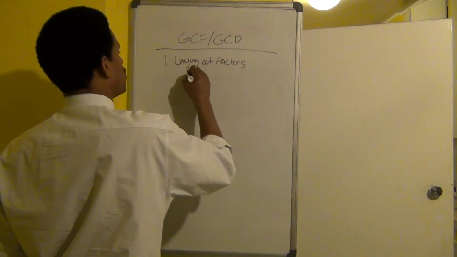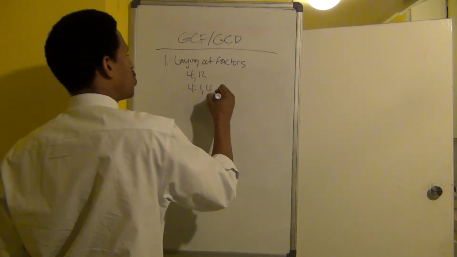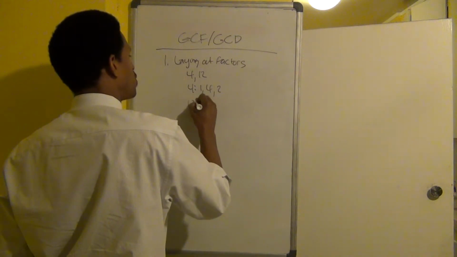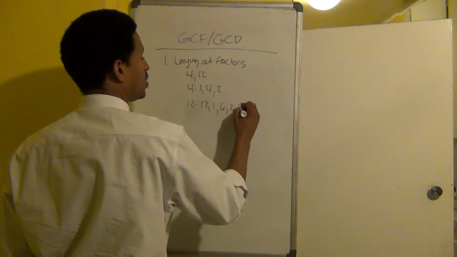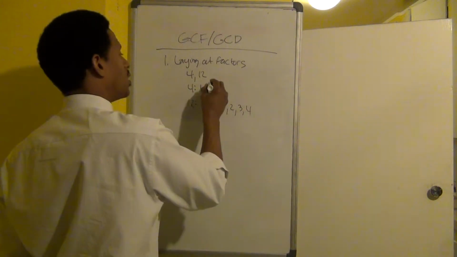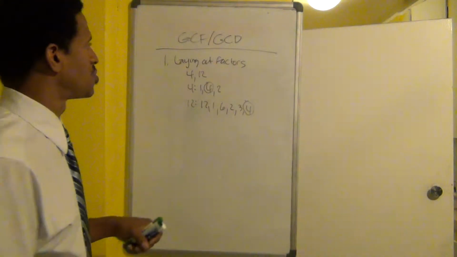And notice with the 12 and the 4, for the 4 we did 1 times 4, 2 times 2. For the 12 we did 12 times 1. We did 6 times 2, and we did 3 times 4. And notice, largest 4. And early in the video, we proved that as well, so I'm going to leave that up.